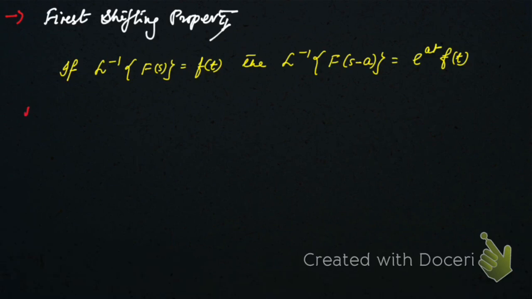So we know that if the inverse Laplace transformation of F(s) is f(t), then the Laplace transformation of f(t) is F(s), which is by definition the integral from 0 to infinity of e to the power minus st f(t) dt.